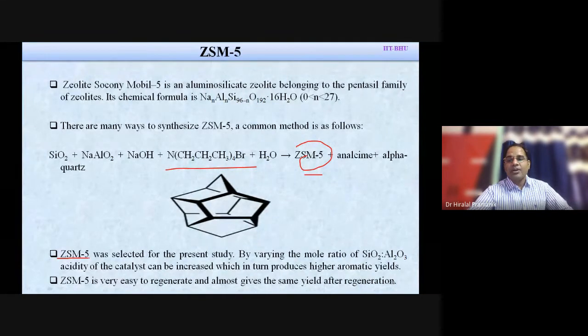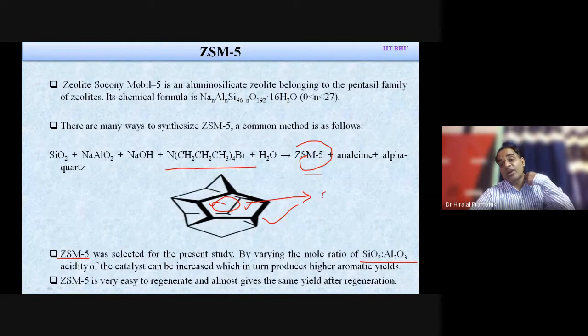ZSM5, okay, is nothing but silica alumina, of course, with a pentasil structure. This is the pentasil structure, molecular shapes. And if you see the literature, the pores are very, very important. You can see these are the walls of the pores, and this dimension is around 0.472, around 0.56 nanometer.